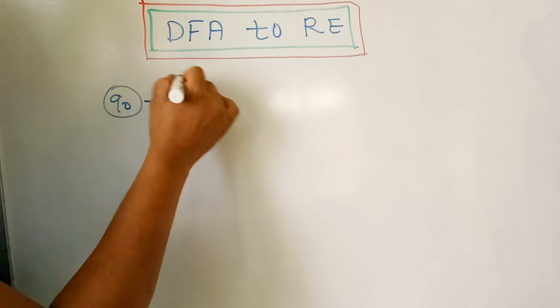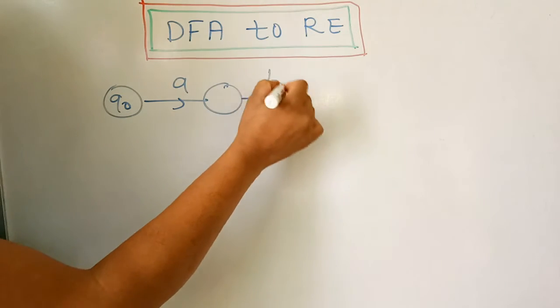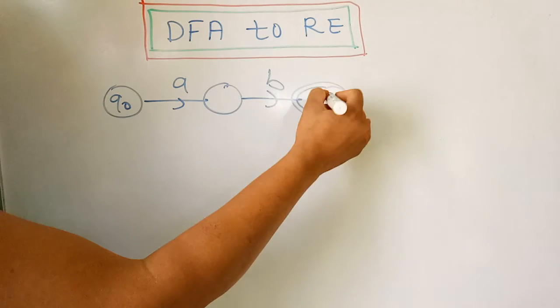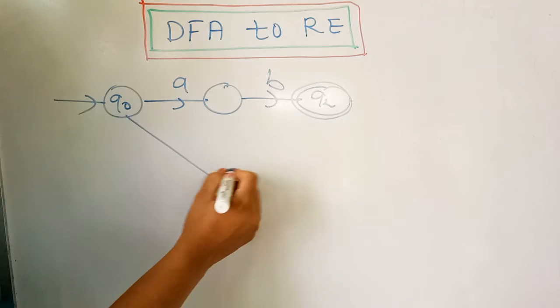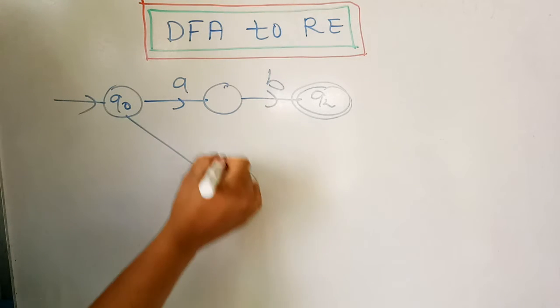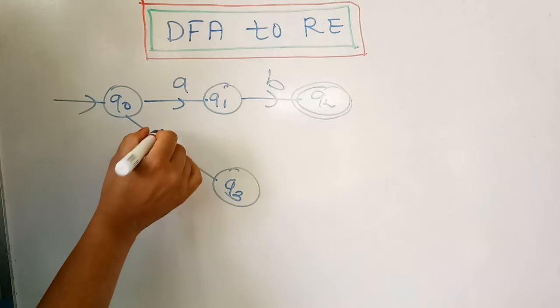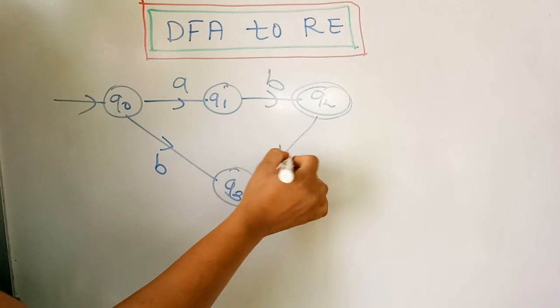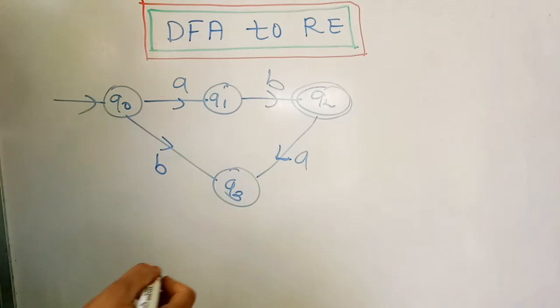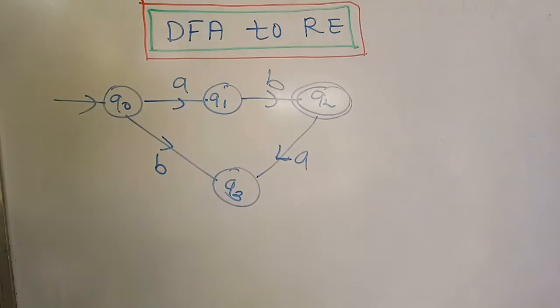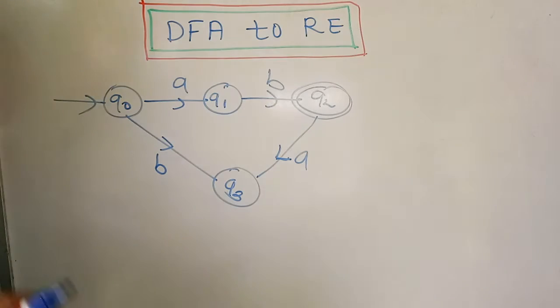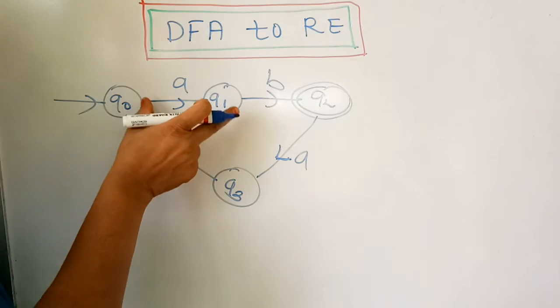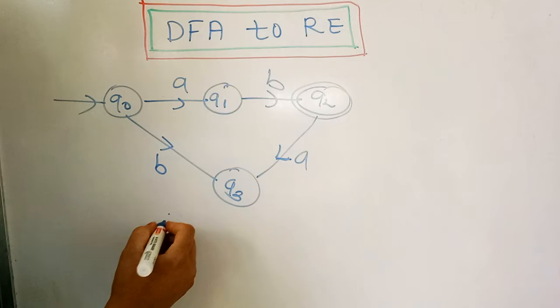It is Q0, it has A, then B, it is Q2, then it is Q3, it is Q1, and it has B and A. Now, after seeing the previous statement, you all get an idea about which states will be removed or combined. Now, this is the start state, final state.